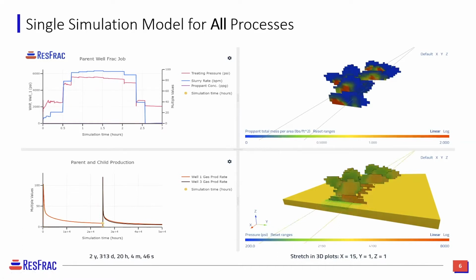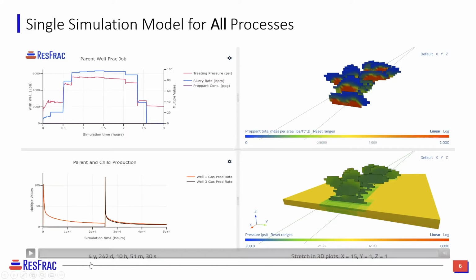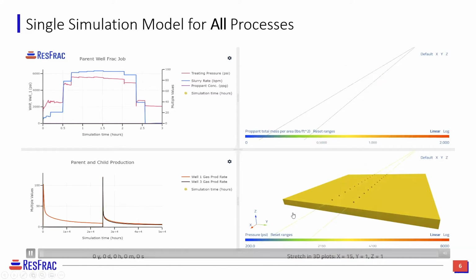And after 3 years, we'll shut in the parent well, start fracking the child well, and we're going to see asymmetric fracture propagation, which is a consequence of that poroelastic stress depletion. And as a result, we do not generate any new fracture area to the right-hand side of that child well. And consequently, the child well then underperforms the parent by about a factor of 2. That is the key to integrating all these processes.